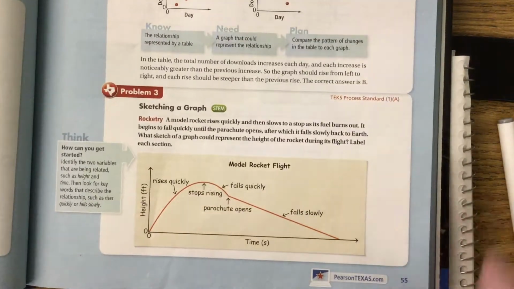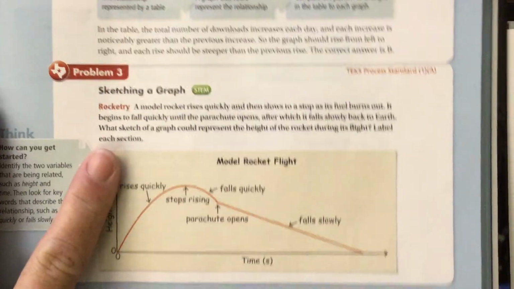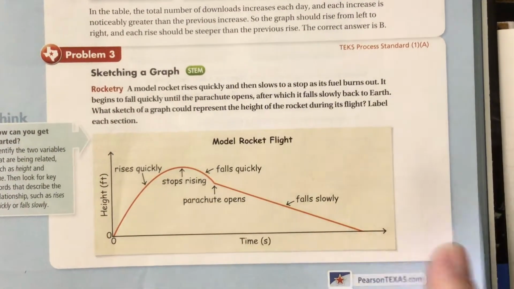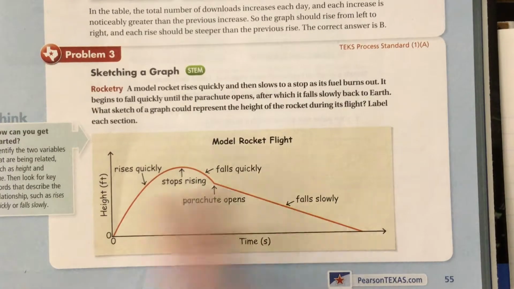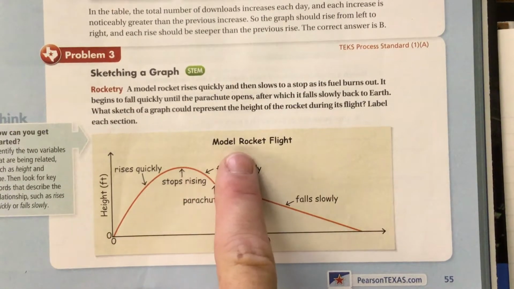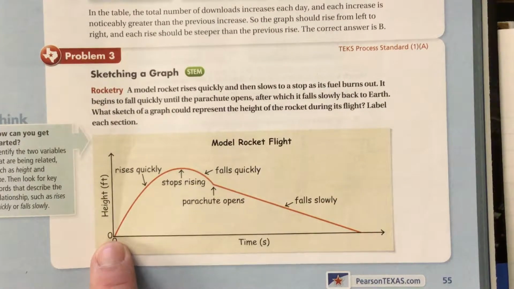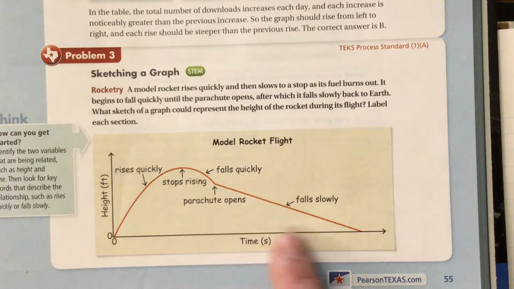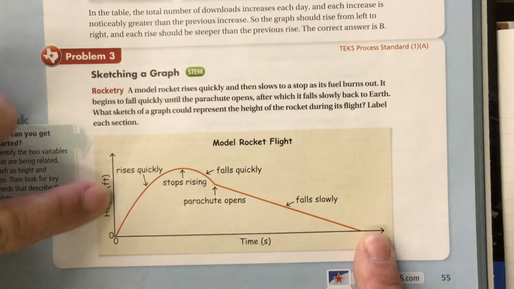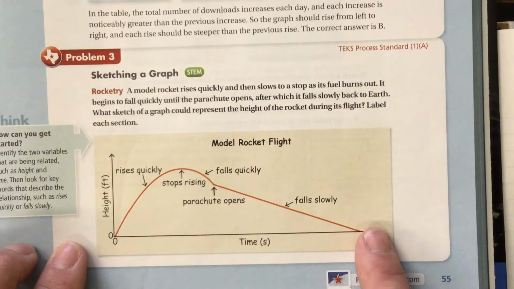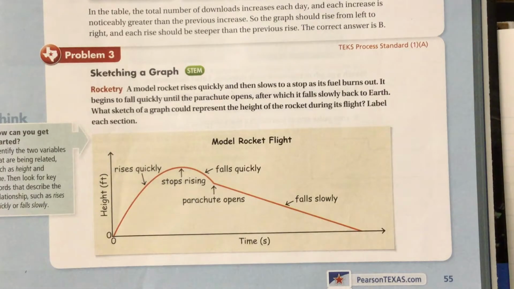These are all in your book on page 55, so you can follow along or just look at the picture. Notice the model rocket flight: your x, your independent, is the time, and your dependent is the height. This picture is describing the motion of that rocket.